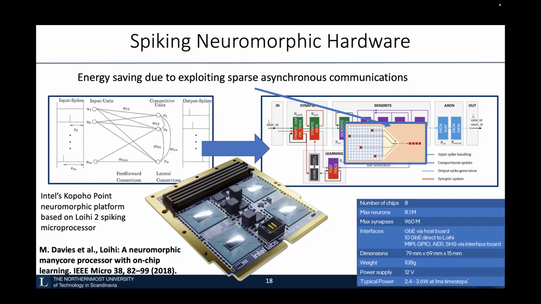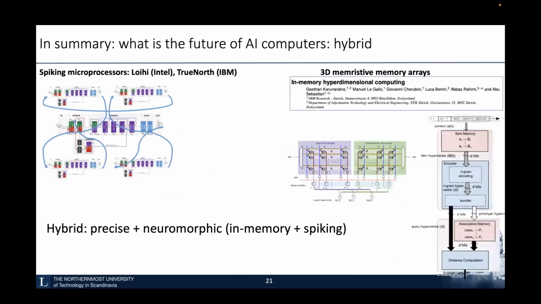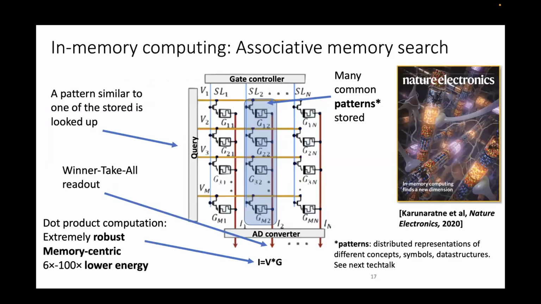I'm in particular involved with Intel's development line, which has a microprocessor called Loihi, and they have a research community, the Intel Neuromorphic Research Community, which is dedicated to programming of this chip. So basically, what is going on here? Let me see if I have it somewhere. Do I have it?